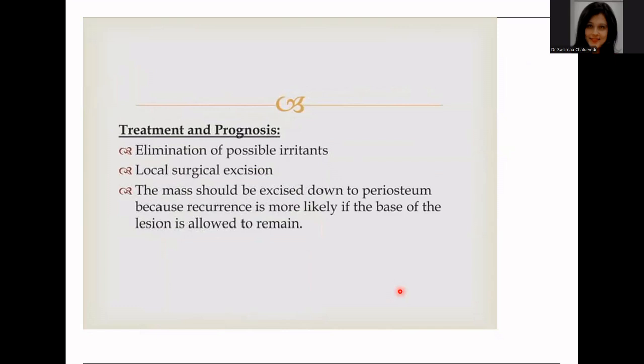In the treatment, the first step is to remove the irritant which was causing the problem, and local surgical excision is done. Prognosis is good, with less recurrence chances, and one thing we must remember is that the mass should be excised down to the periosteum so that recurrence remains low.